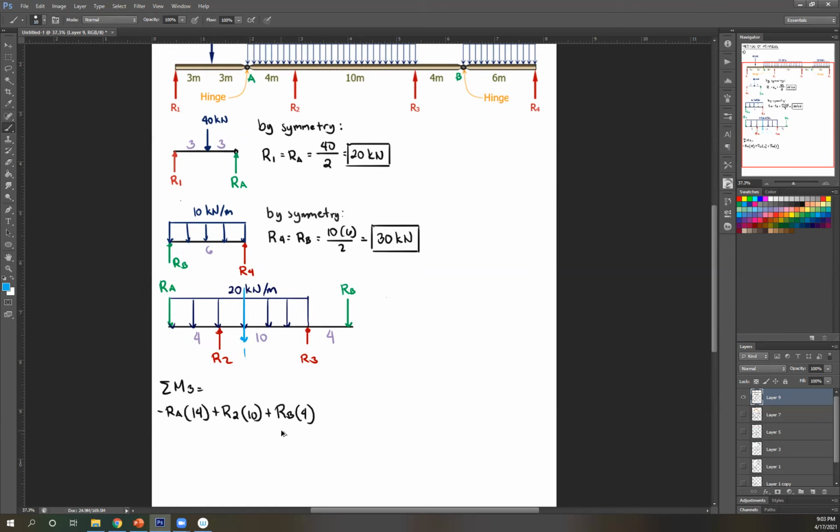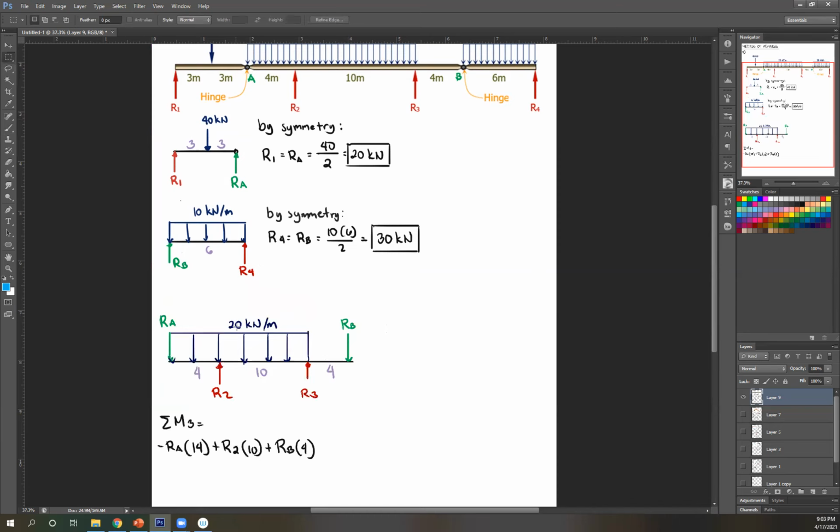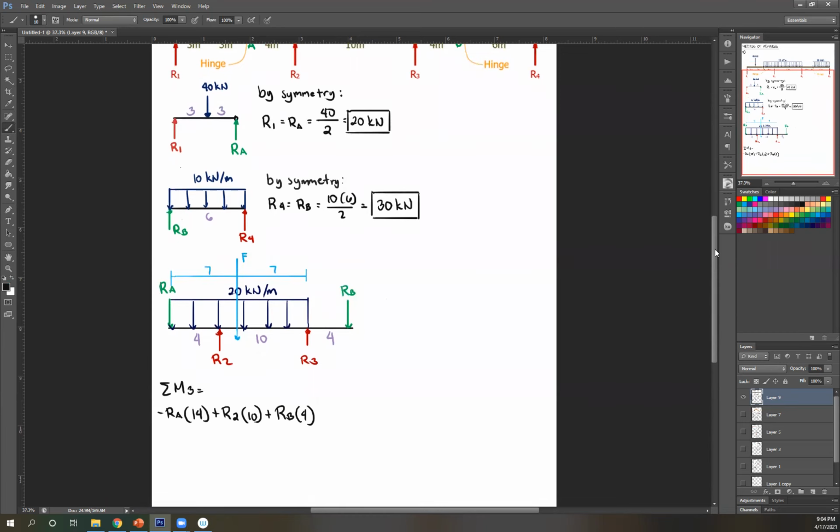Okay. So actually, let me draw that properly. Okay. So this is your equivalent force. The center of your drawing is the center for the rectangle, so that's just 7 and 7. All right.